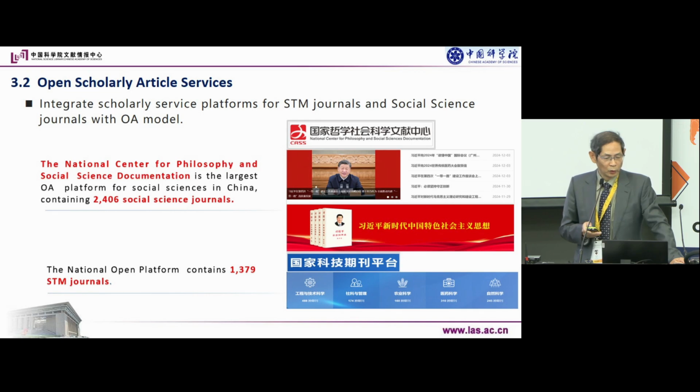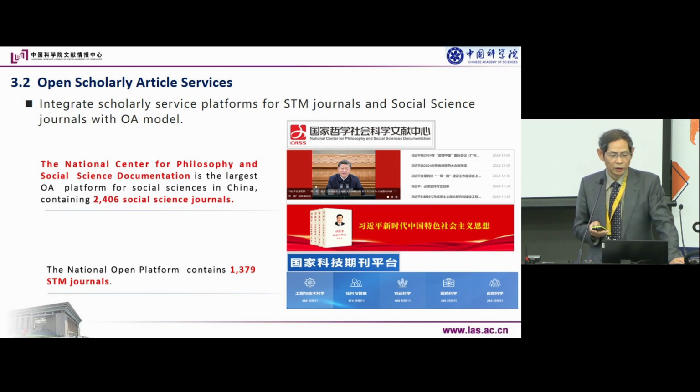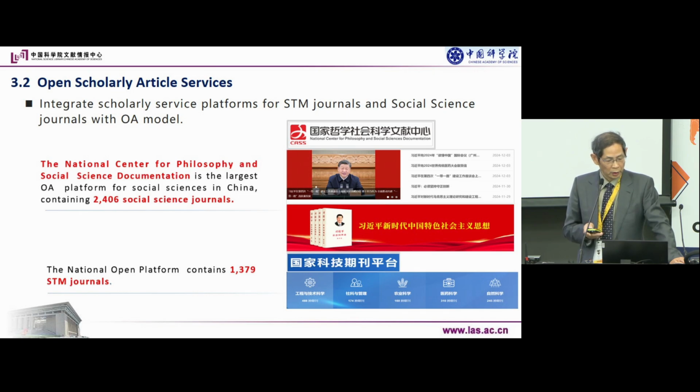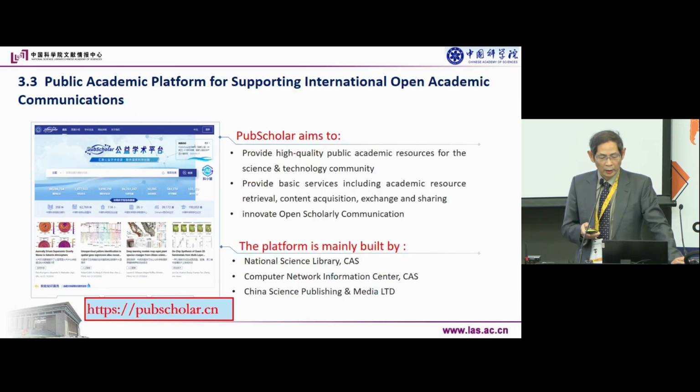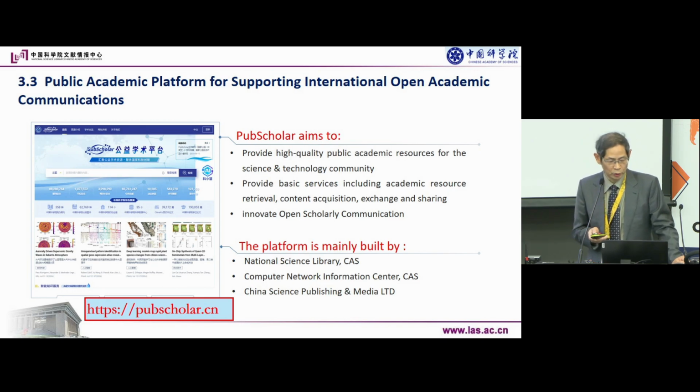Next, we also have the Open Scholar Articles Service, supported by the social science academics. These platforms contain over 1,000 journals in these areas. And next, we have the publishing academic platforms for open access communication, operated by my libraries.